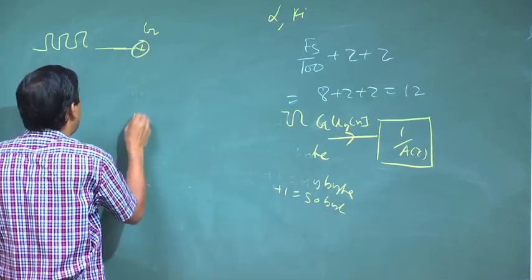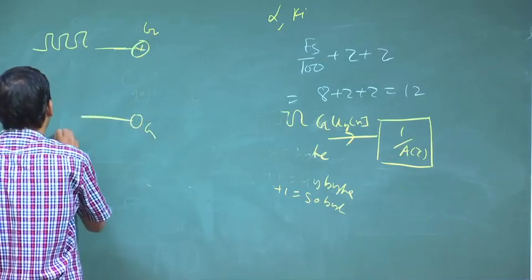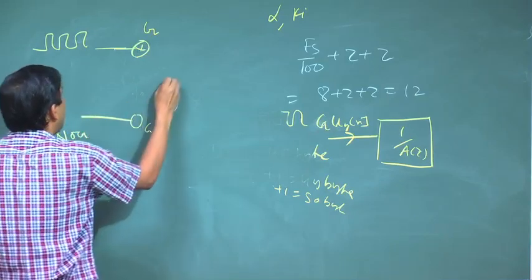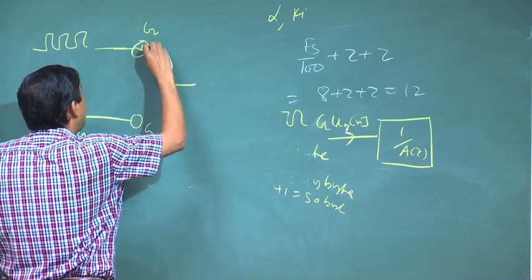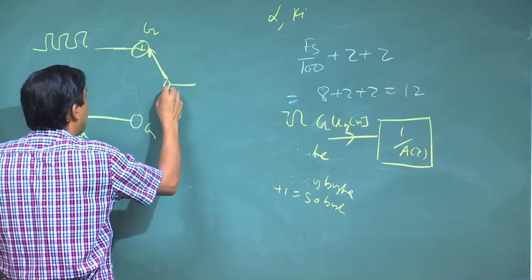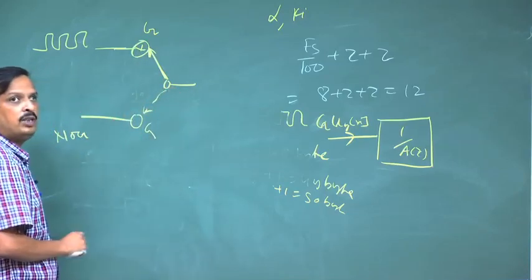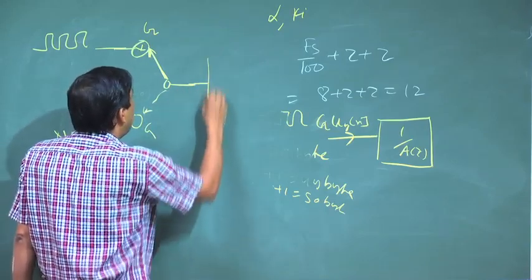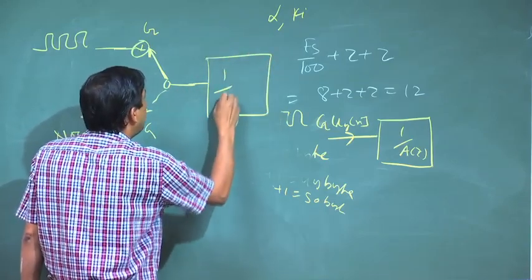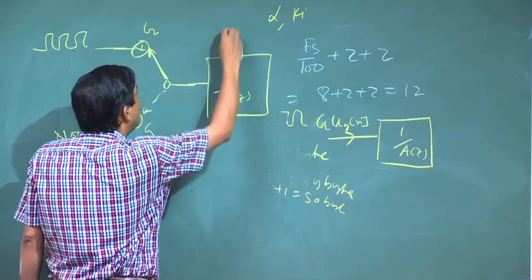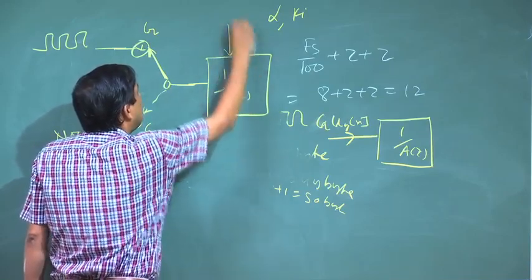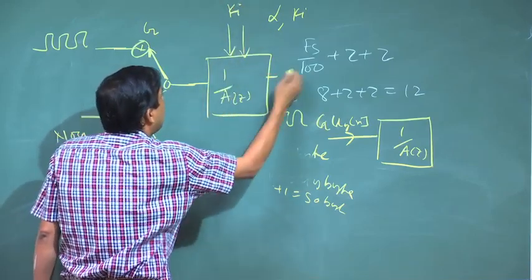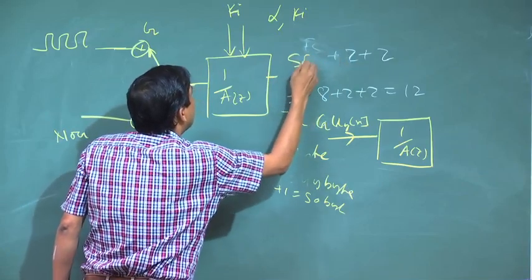It is multiplied with the gain; this is the noise source. There is a switch: if it is voiced, the switch is connected here; if unvoiced, it is connected here. Then I implement 1 by A(z), which is supplied from the k_i values. Then I get the speech signal back.